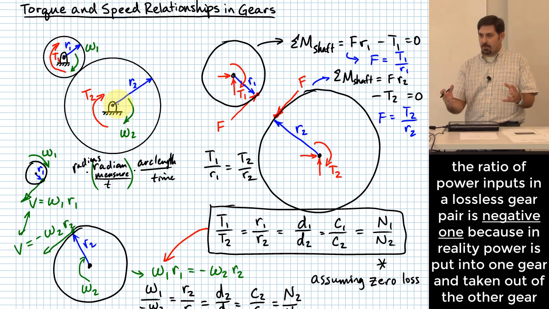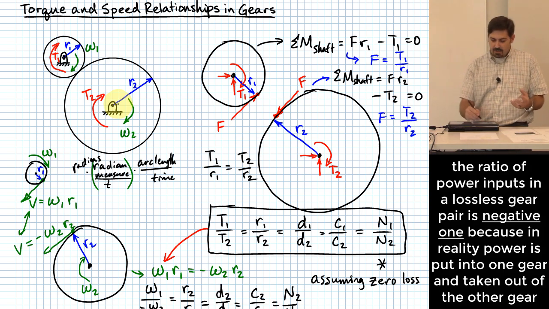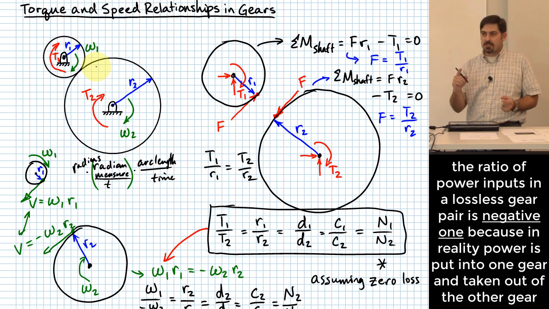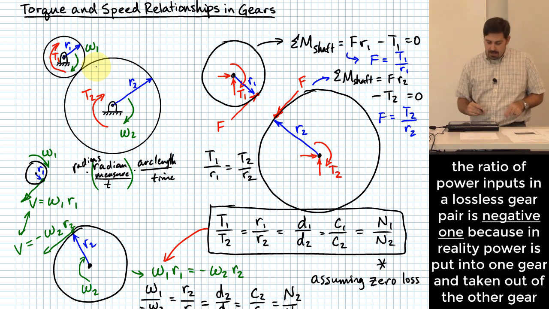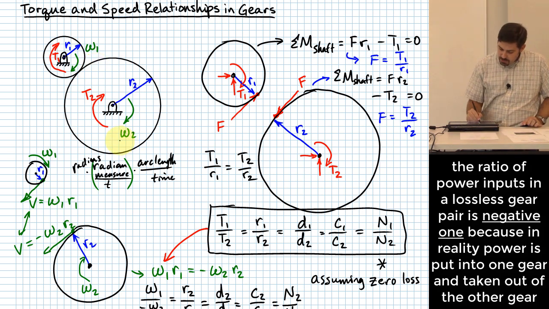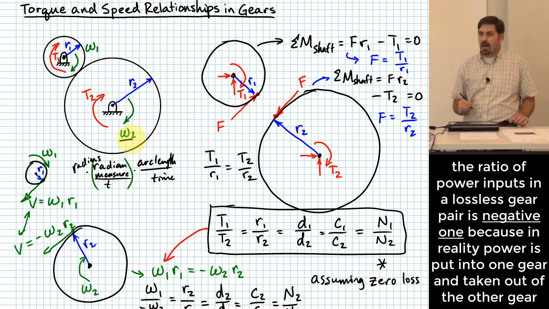But is that possible? Is there any place for the energy to go? No, there's no sink for it. So the way it works instead is that one of those directions actually switches, but the torque direction stays the same. The direction of rotation switches, but the torque direction stays the same. And so let's say that it's omega 2 that's wrong. It's actually not going that way, it's going the other way.